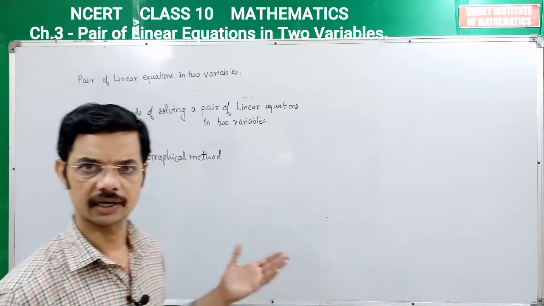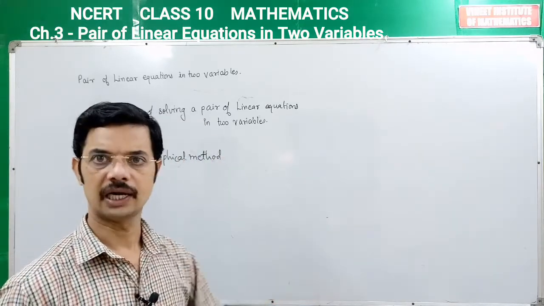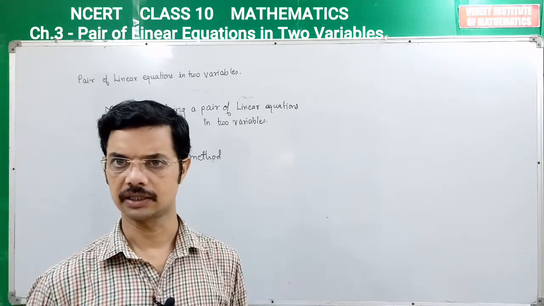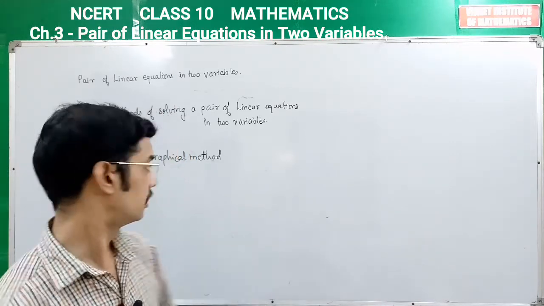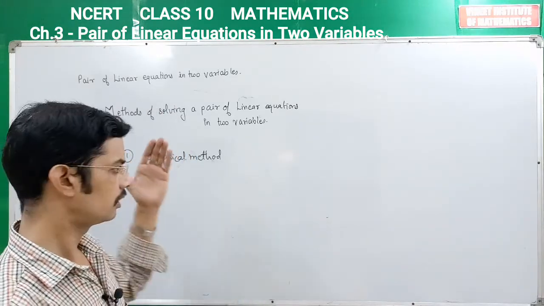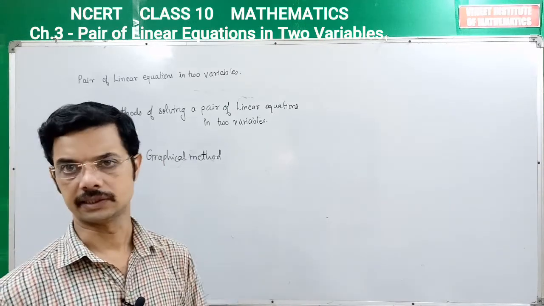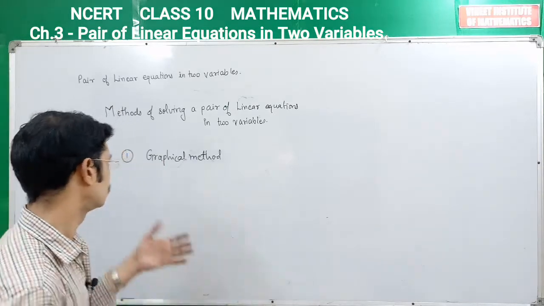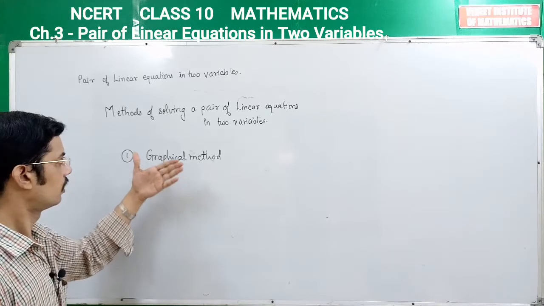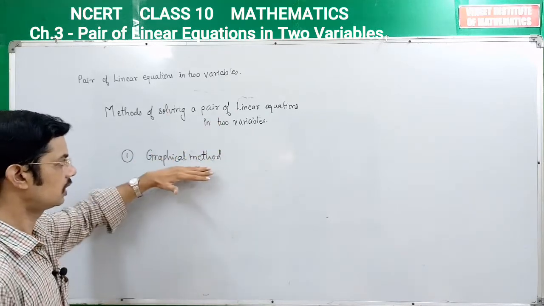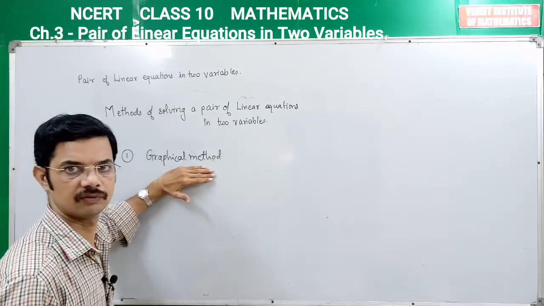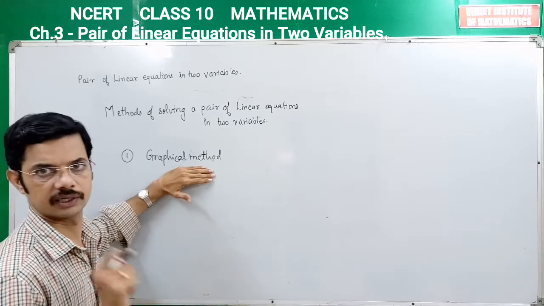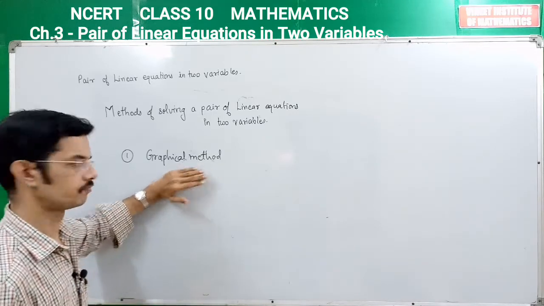We can draw the lines as discussed in the starting of this class, and find out the point of intersection if it exists. So we can find the solutions of a pair of linear equations using the graphical method by plotting the graphs and finding the point of intersection if they intersect.